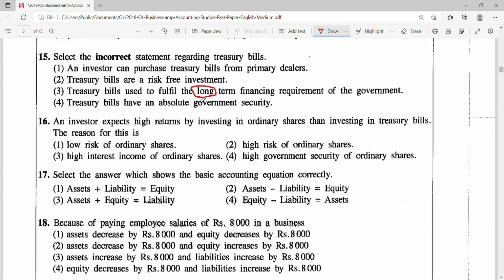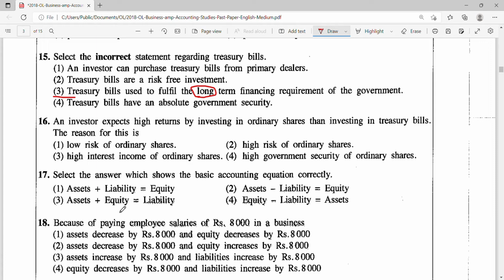So, looks like third one is the answer, but let's read the fourth one as well. Treasury bills have an absolute government security. Yes, as a government issued financial instrument, this is 100% secured in terms of a government security. So answer here is answer 3.